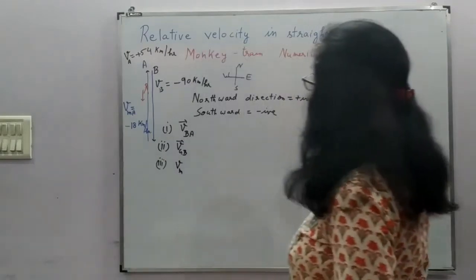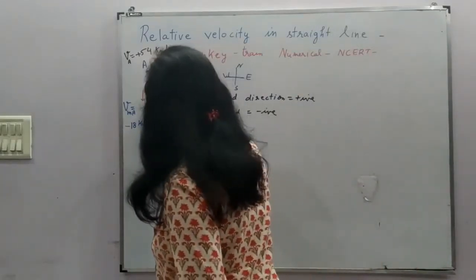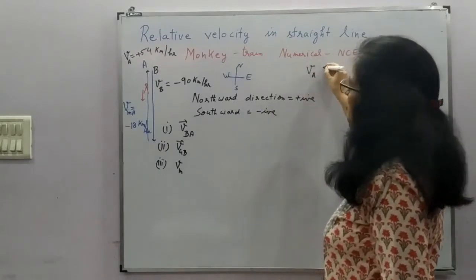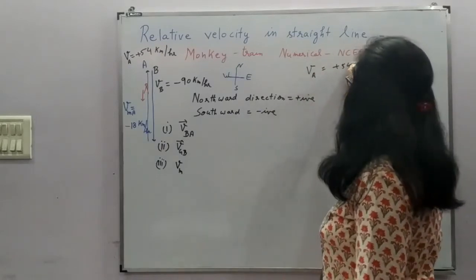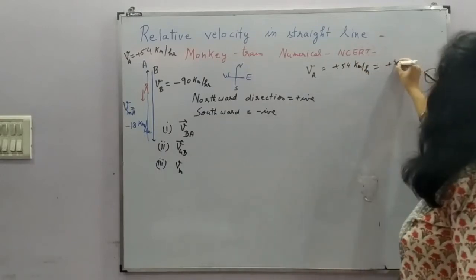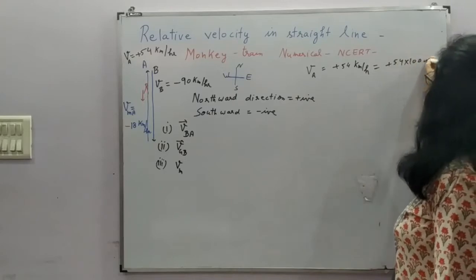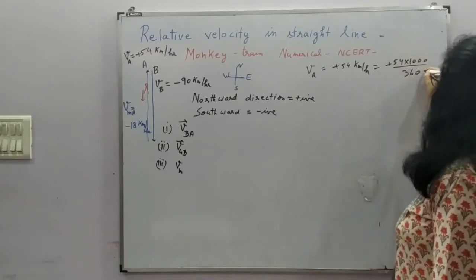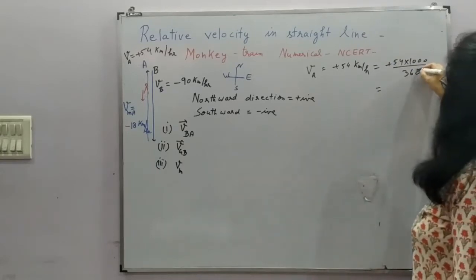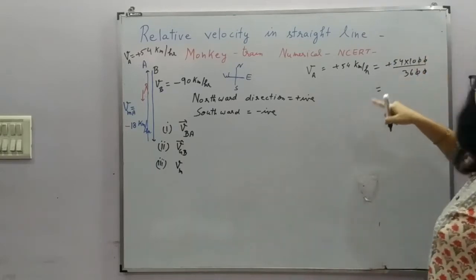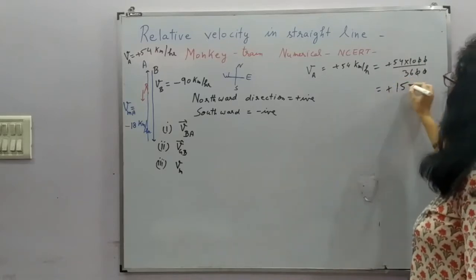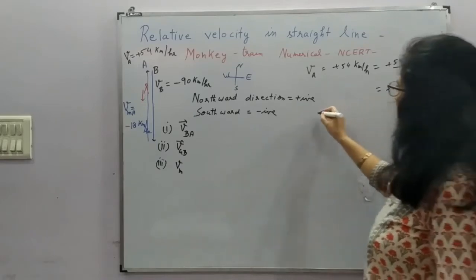So let's convert these values VA into meter per second. So this will be plus 54 km per hour, means plus 54 into 1000 upon 3600, right? So this makes it 5 by 18 you can directly multiply by 5 by 18 also. So 3 fives are 15. So this makes it plus 15 meter per second.